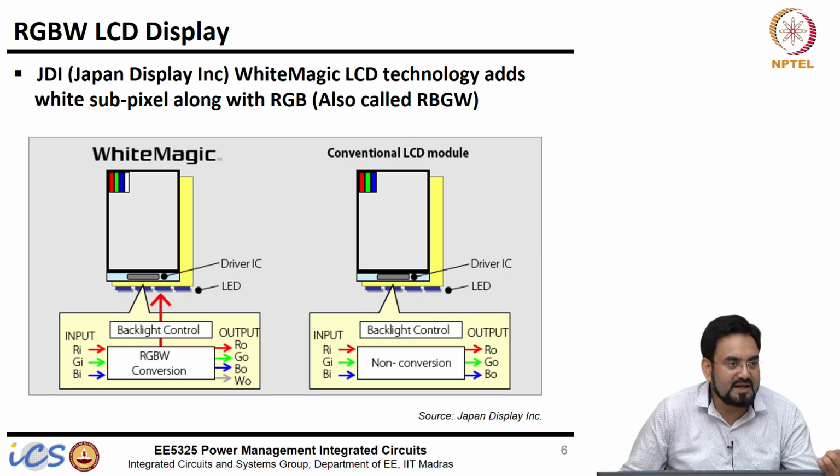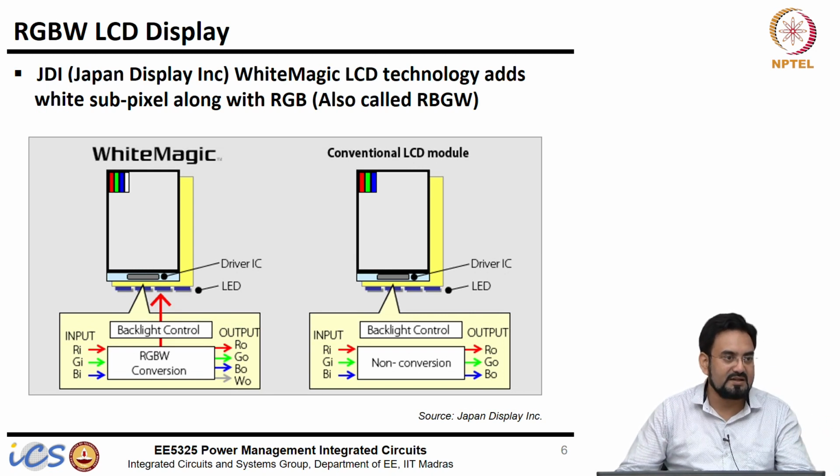Because we already have a white light, the backlight, and it is passing through a color filter which has red, green and blue. Now I add another layer in this filter which is transparent, so it will pass all the white light.